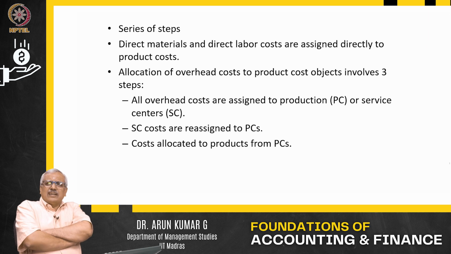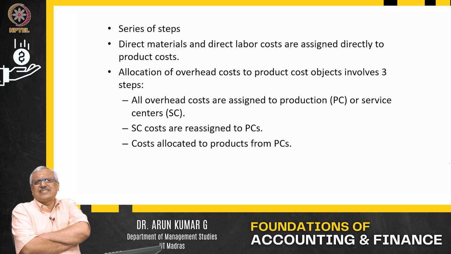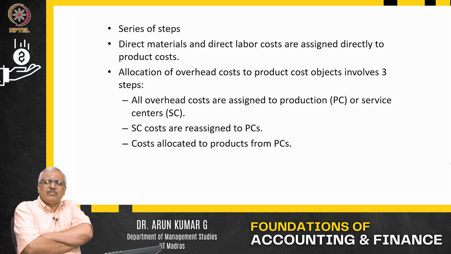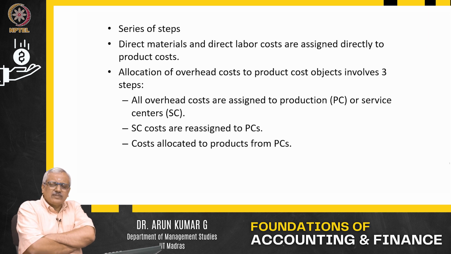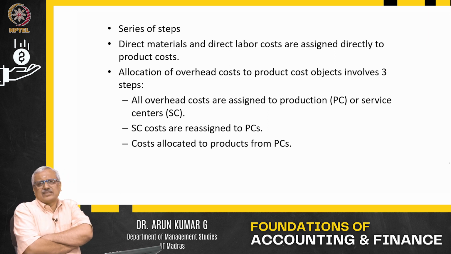In the conventional system, they adopted a series of three basic steps for allocating these overheads. All the overheads are to be assigned to the production centers or the service centers.